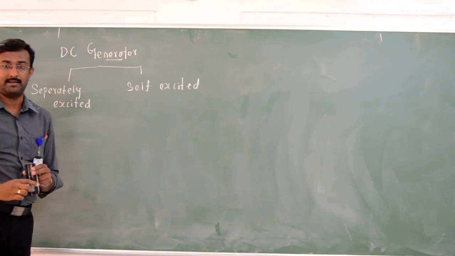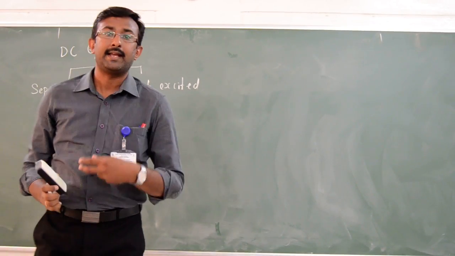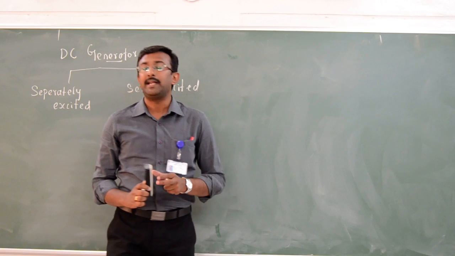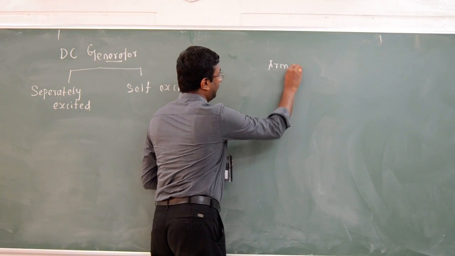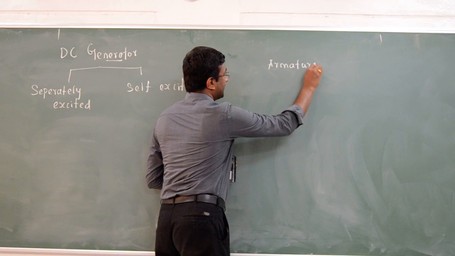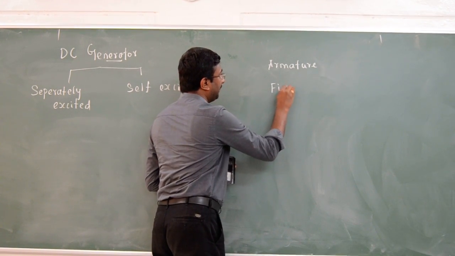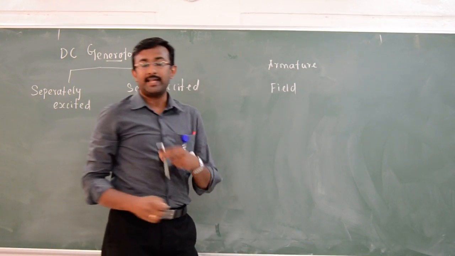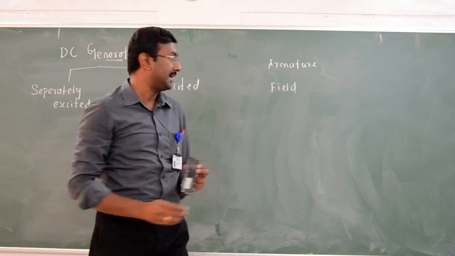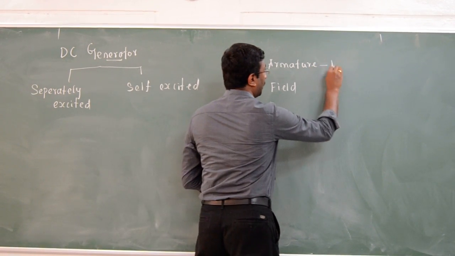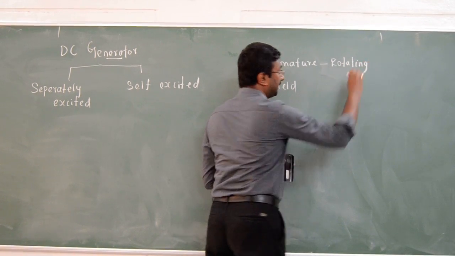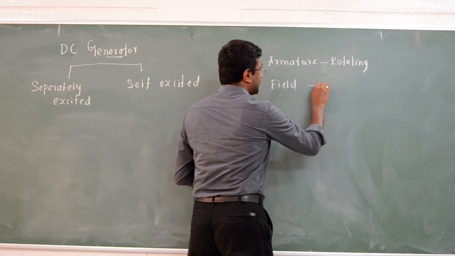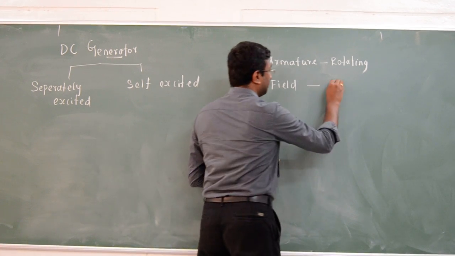Suppose we take a DC generator, mainly we have two parts. One is the armature part, whereas the second one is the field part. In a DC generator, the armature is the rotating part, that is, the rotor of a DC generator is the armature winding, whereas the stator of a DC generator is the field winding.